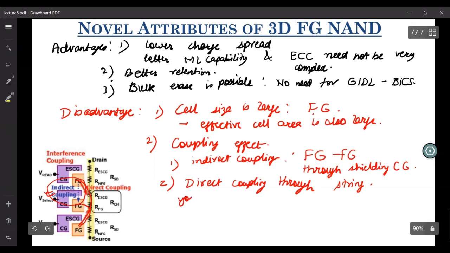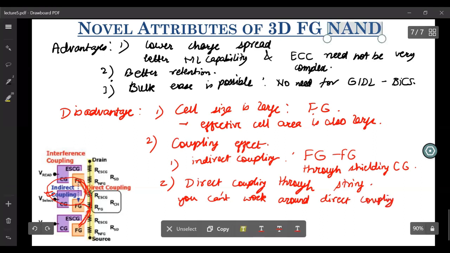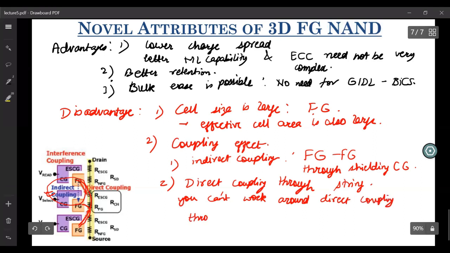So you can't work around this direct coupling issue through the string. Okay. So these are the problems with 3D floating gate NAND flash. And now I can proudly say that if you go through these lectures properly, you know much more about these 3D NAND flash memories.